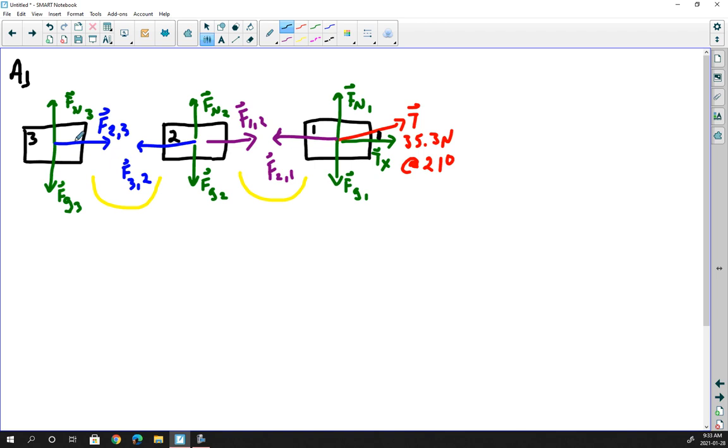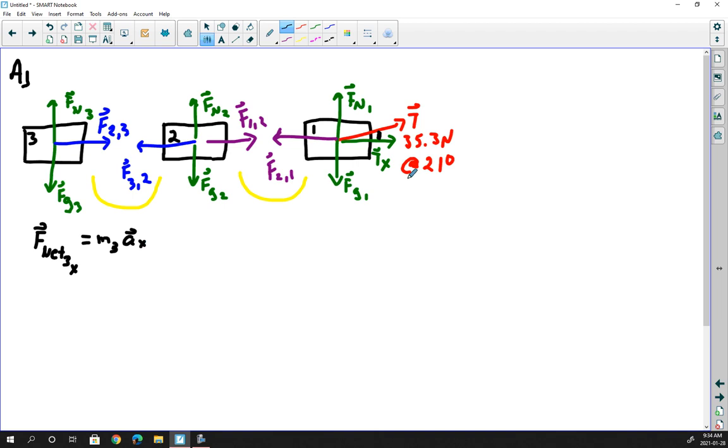So let's start right here with number 3, and this is all in the x direction. Okay, so this is F net third object x component is equal to the mass of the third object times acceleration in the x direction.